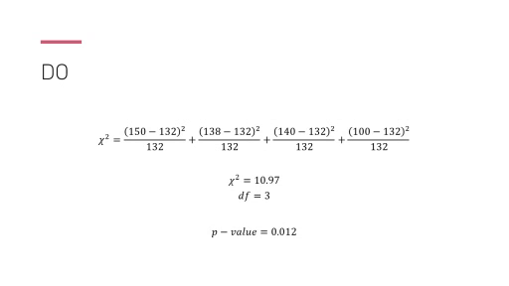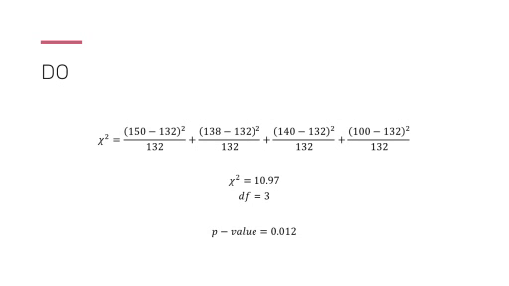After that, you have to do your calculations. You take the observed value. So in the first quarter, there was 150. The expected was 132, so you subtract those, square them, and then divide by 132.